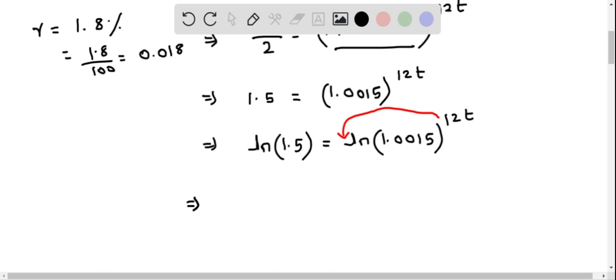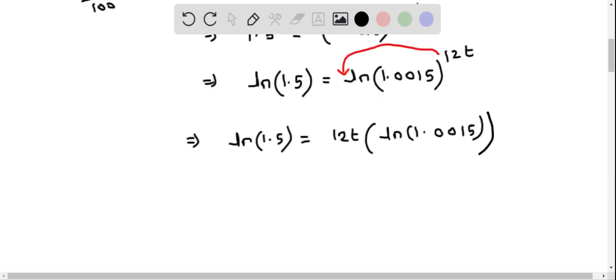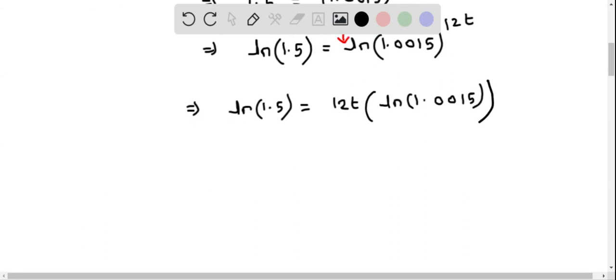So in the next step, I write natural logarithm of 1.5 on the left side, and this equals 12t multiplied with natural logarithm of 1.0015. Now we can solve for t from this equation and rearrange for t. So therefore we see that t equals natural logarithm of 1.5, divided by 12 times natural logarithm of 1.0015.